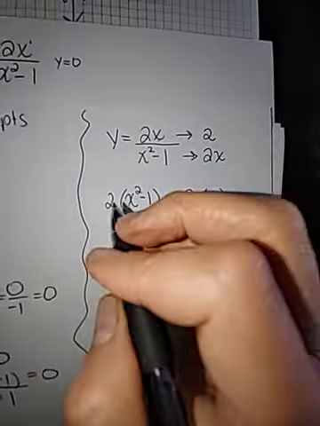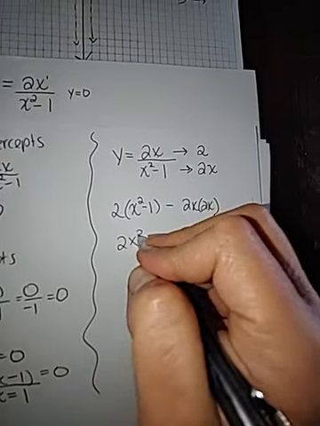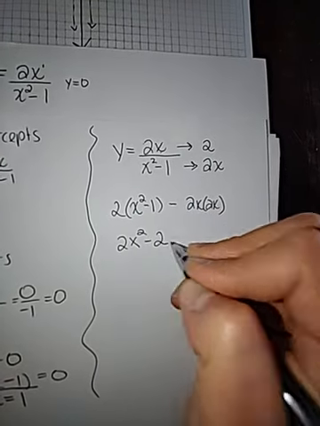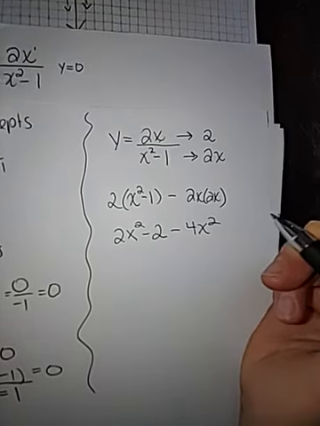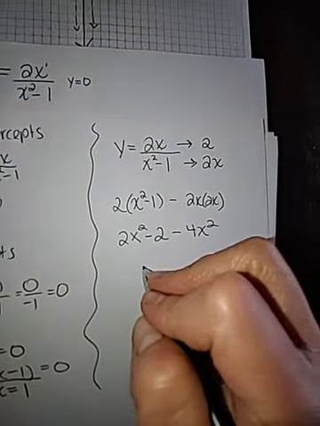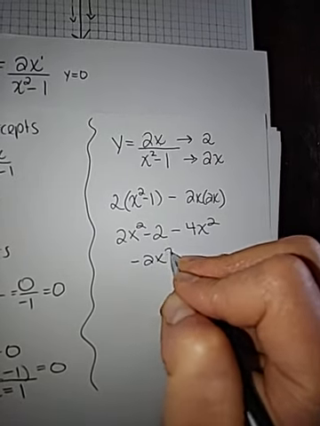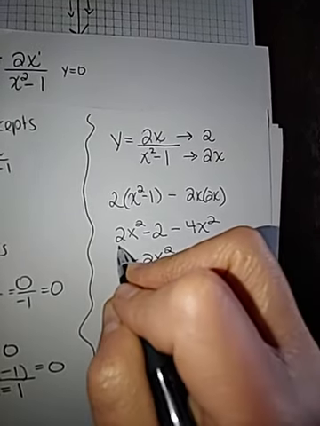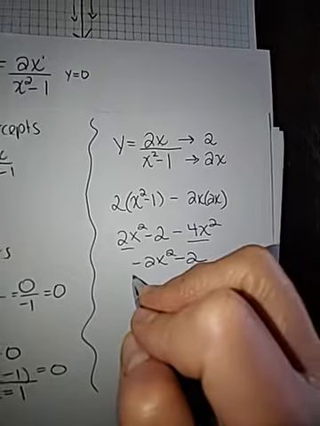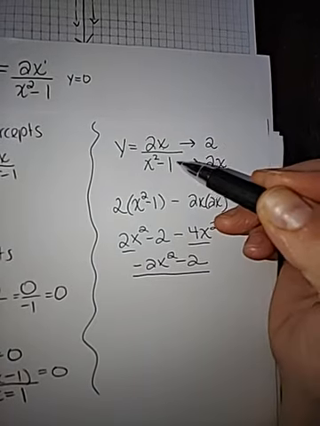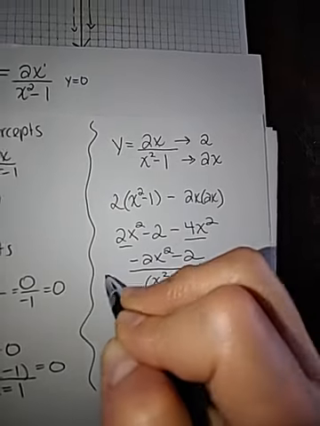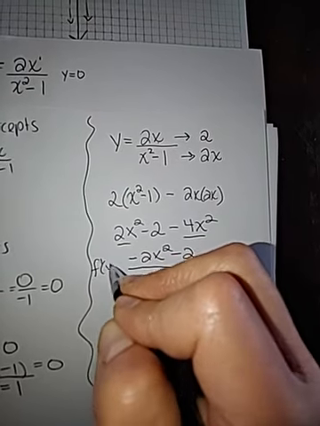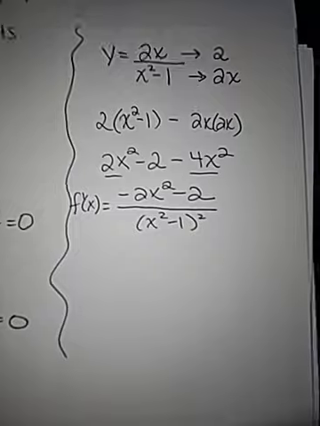So I'm going to fix this first. I have 2x squared minus 2 minus 4x squared. So this is negative 2x squared minus 2. Combine these guys. Over g squared.